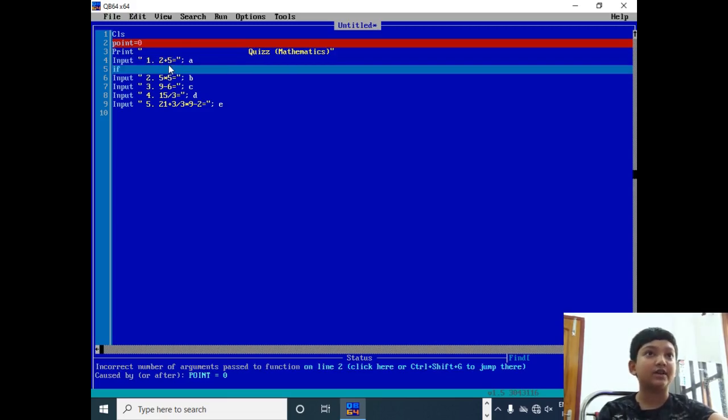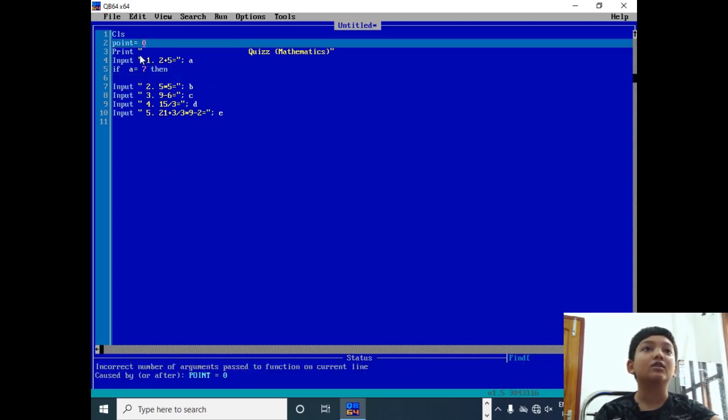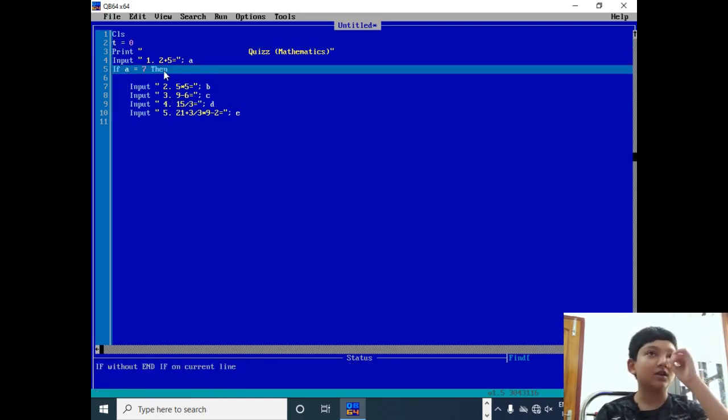5 plus 2, 7. If A is equals to 7, then point. Here is something, incorrect number of arguments passed to function, something is wrong there. Let us give only T. Then let's see.